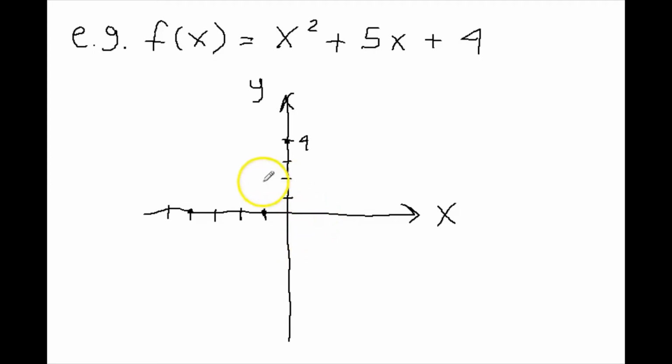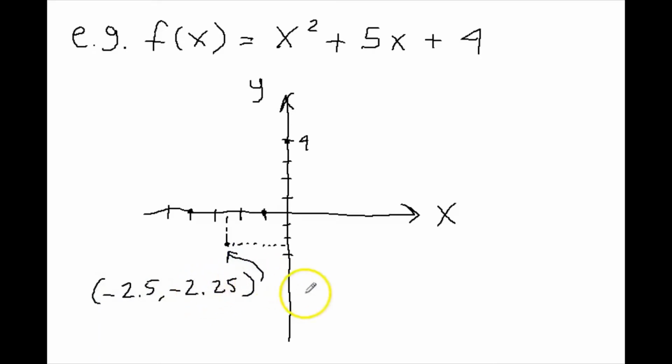What was the vertex? The vertex was negative 2.5, and the y-coordinate of the vertex was negative 2.25, so that's about here. The coordinates of that point are negative 2.5, negative 2.25. That's the vertex right there.